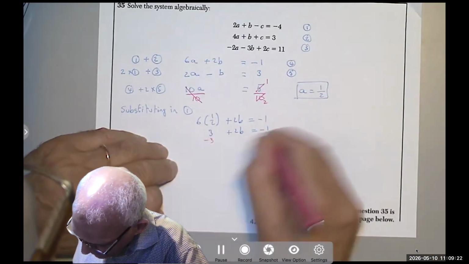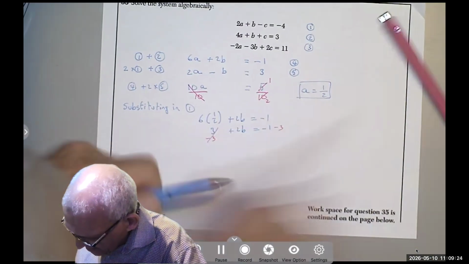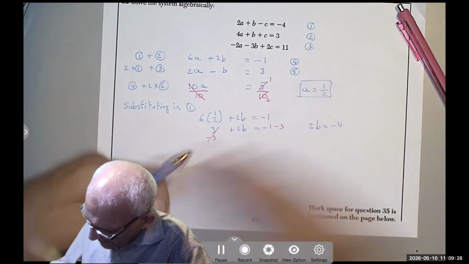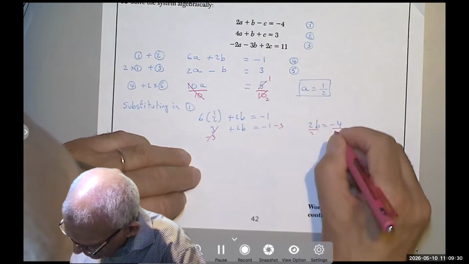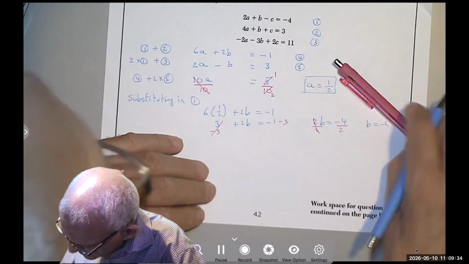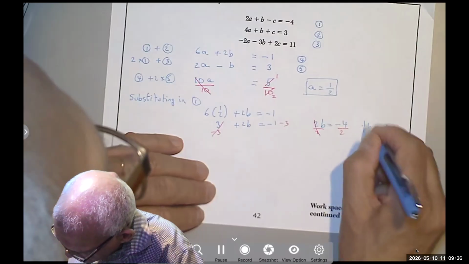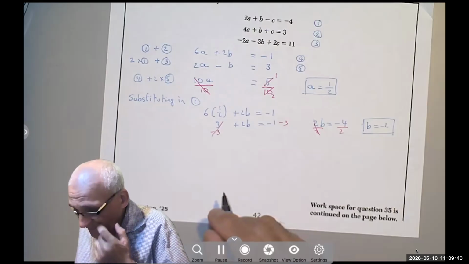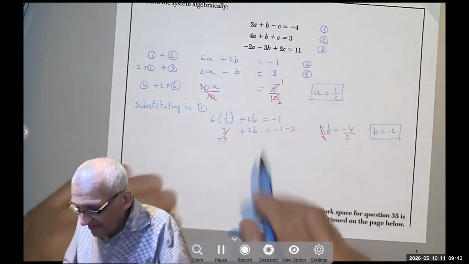Subtracting 3 from both sides will give me 2b equals negative 4. Dividing both sides by 2, I get b equals negative 2. And finally, now I have both a and b.